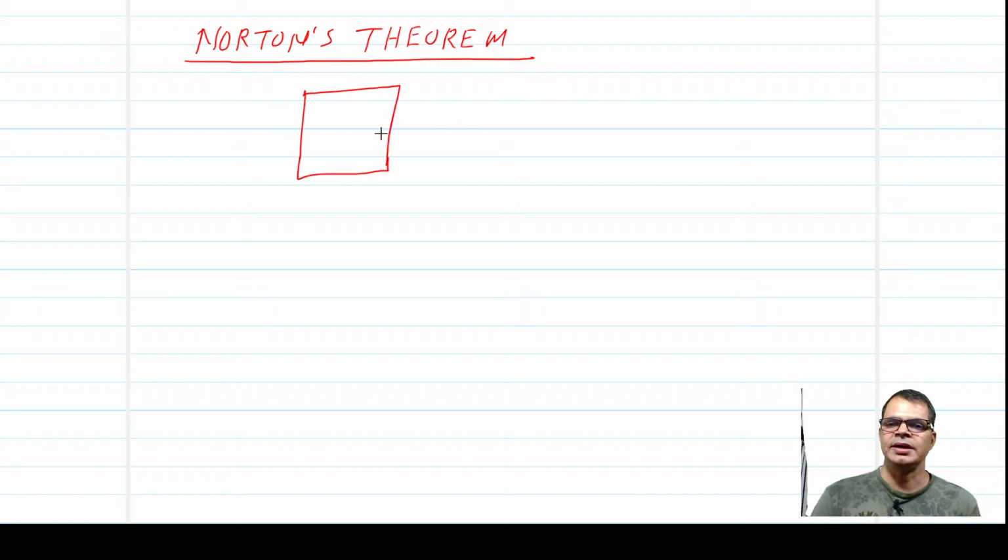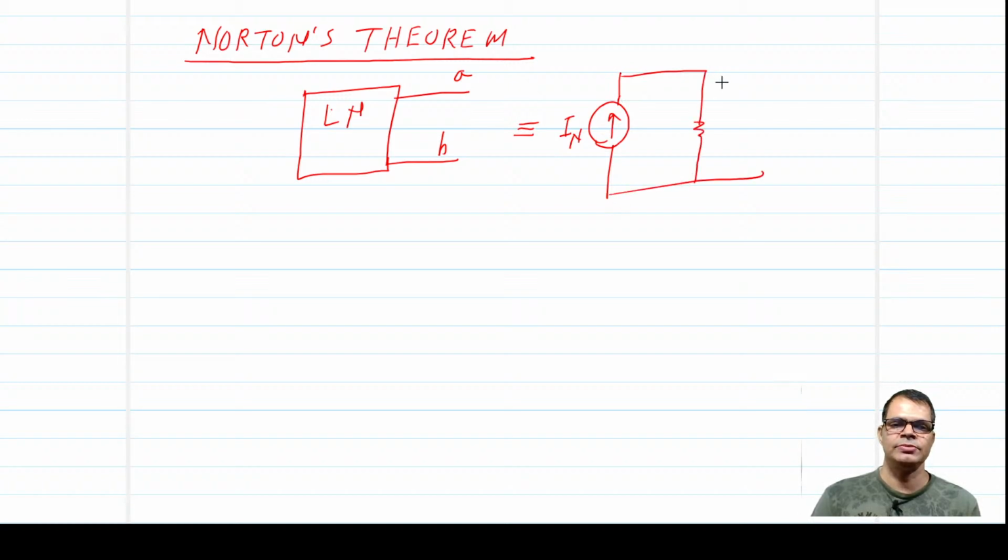Likewise, in case of Thevenin theorem, same way you have a linear network here. This is the terminal A and B. You can reduce it into a current source, and call that Norton current, and a resistance in parallel with the current source, that is the Norton resistance.